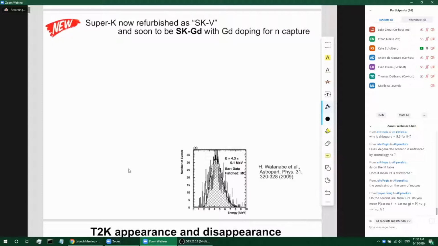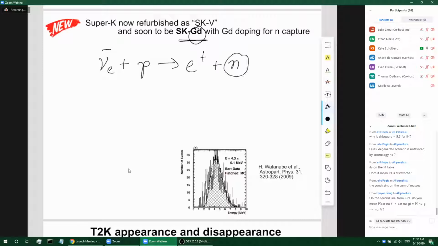Basically, Super-K is soon to be refurbished, and this has been delayed now by a few months due to COVID. Gadolinium is being added to the tank. The point of gadolinium is actually to tag neutrons. So, for example, if you have this kind of interaction, this is really now going back to the low energy stuff.